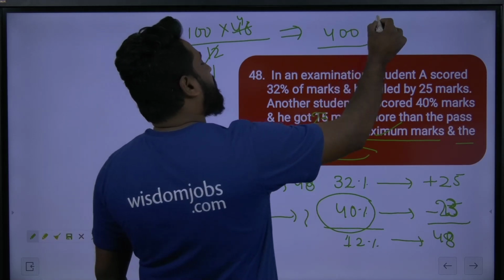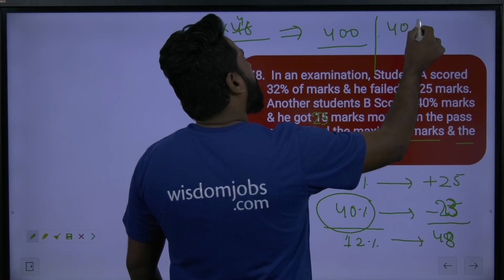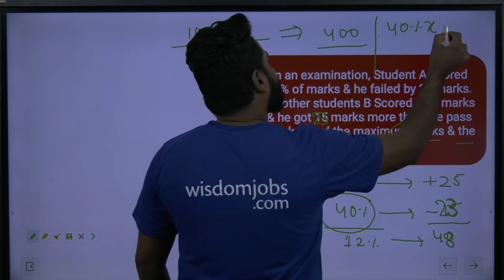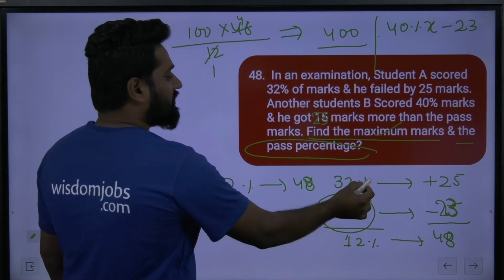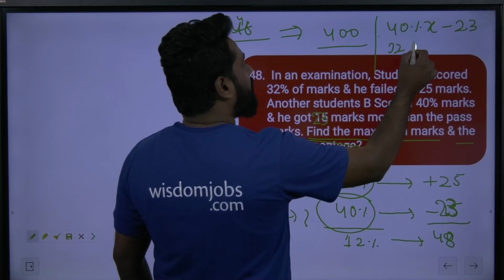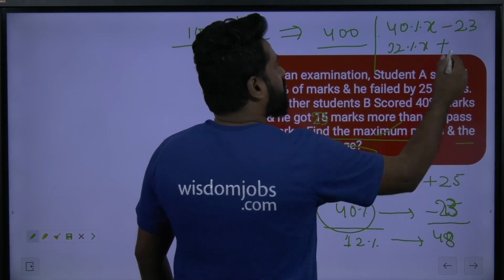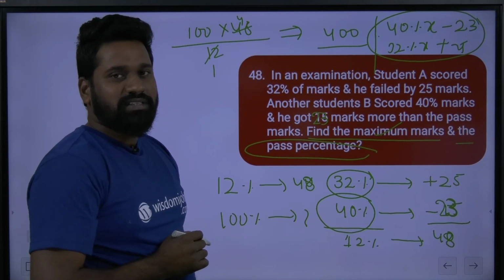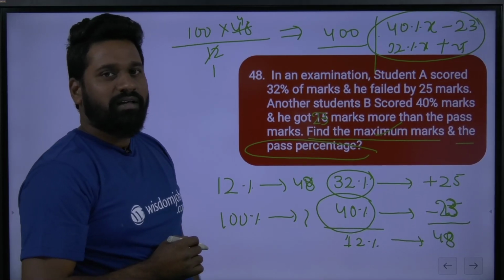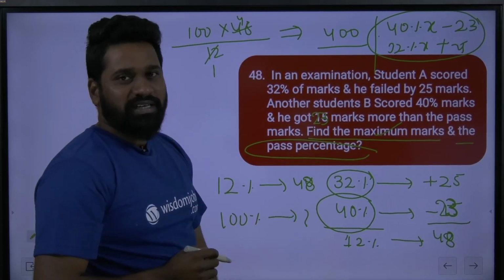So clearly pass marks is nothing but 40% of the total marks minus this 23. Another case, 32% of the total marks plus this 25. Here both indicate the pass marks of the examination. But it is asking for the pass percentage.